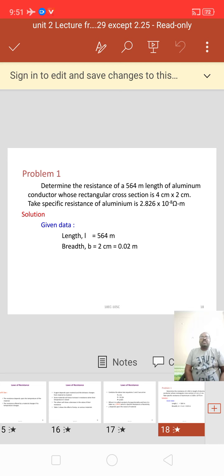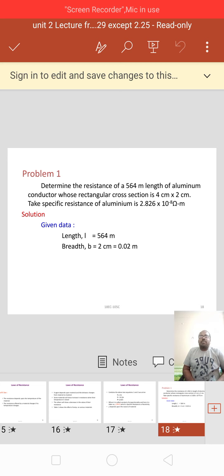Here I am showing different problems regarding the specific resistance. Problem 1. Determine the resistance of a 564 meter length of aluminum conductor whose rectangular cross section is 4 centimeter into 2 centimeter. Take the specific resistance of aluminum as 2.826 into 10 power minus 8 ohm meter.